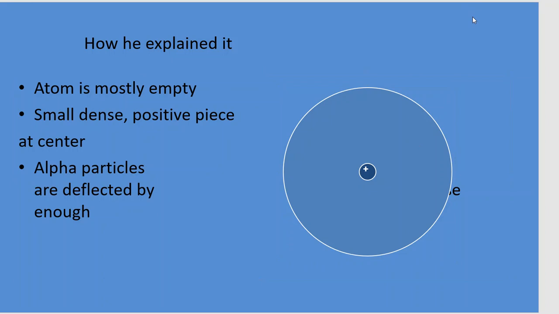And there's a small, dense, positive center, really, really small. So Rutherford gets credited with discovering the nucleus, and basically the overall structure of the atom. And he proved J.J. Thomson's model wrong.